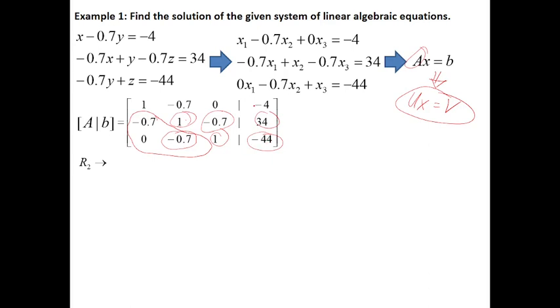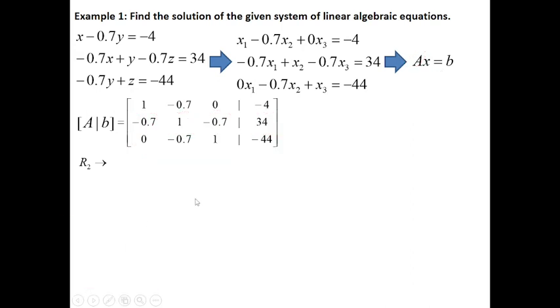So this is now the procedure on how to make all the elements below the major diagonal equal to 0. Here's the procedure. Since we start here, this is our major diagonal.